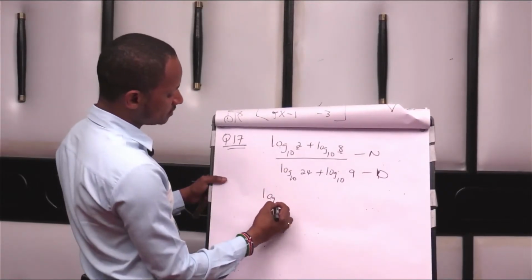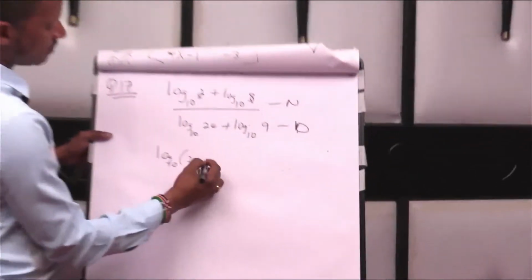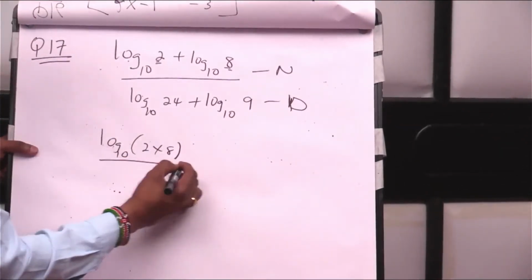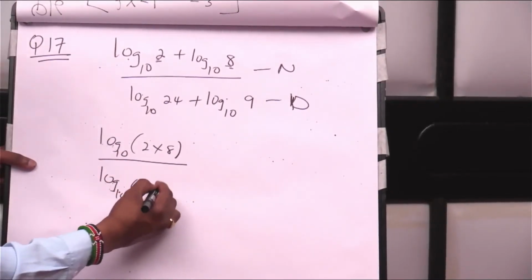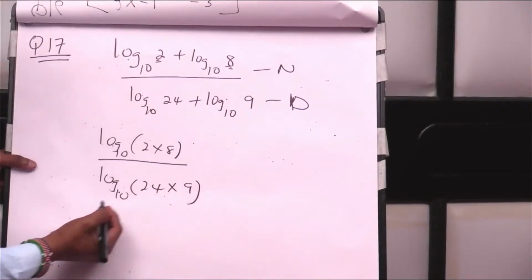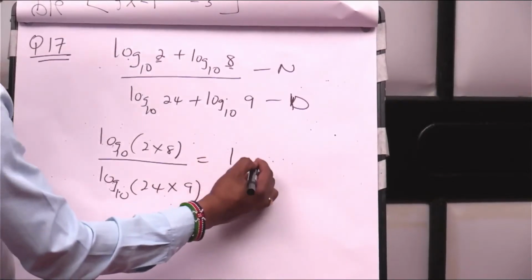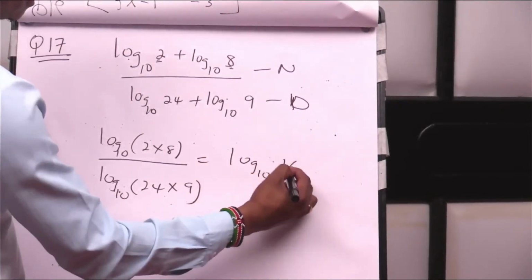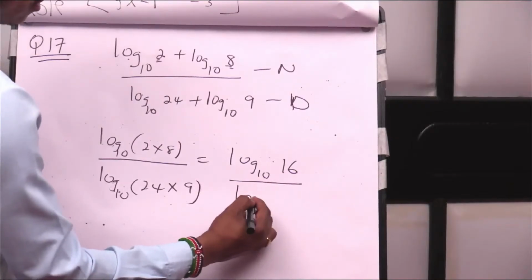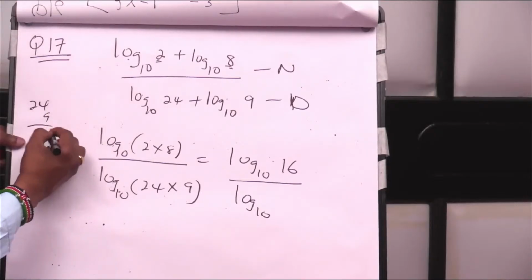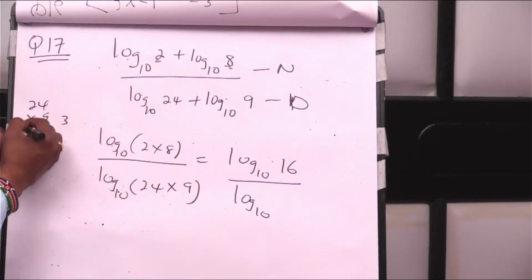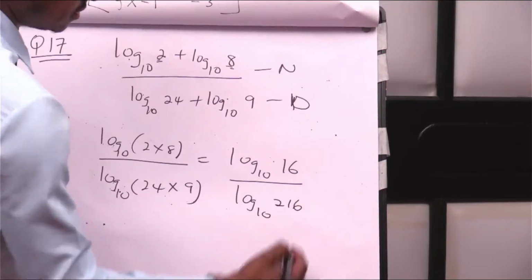So log to base 10 of 2 times 8 divided by log to base 10 of 24 times 9. This becomes log to base 10 of 16 divided by log to base 10 of 24 times 9, which is 216.